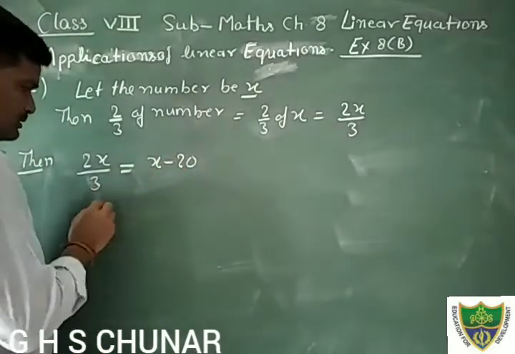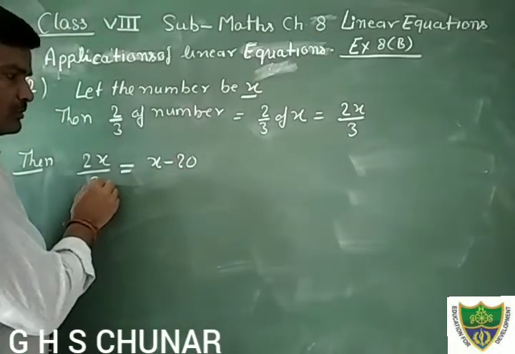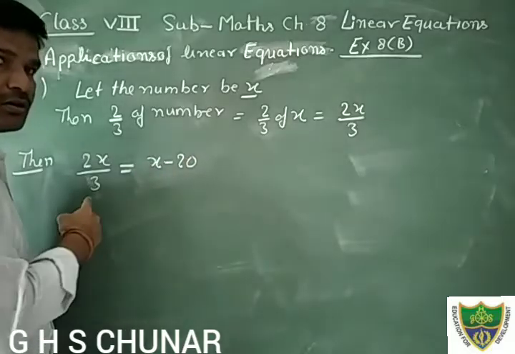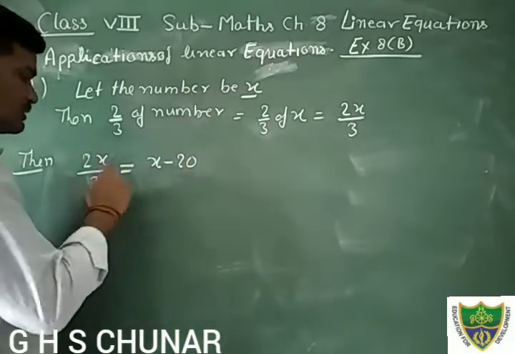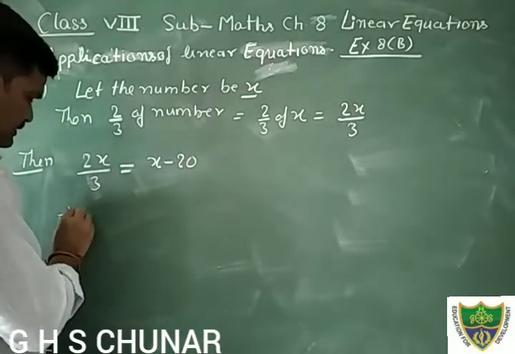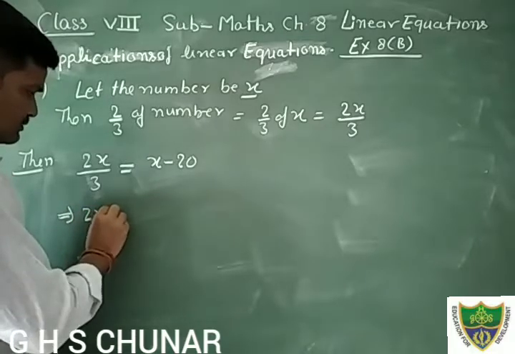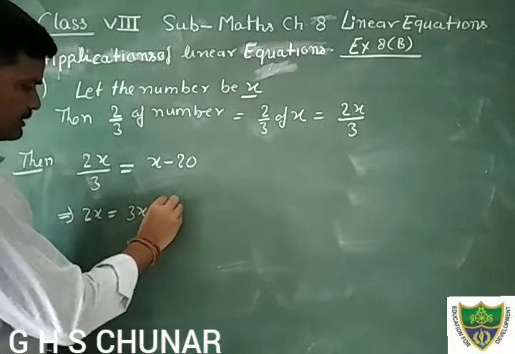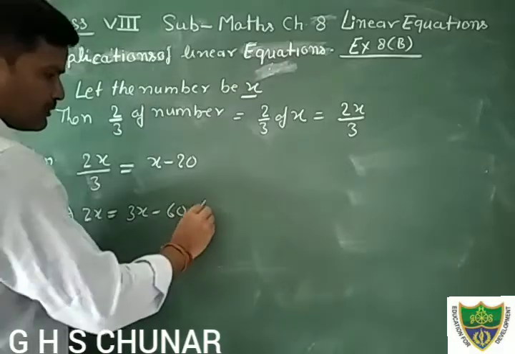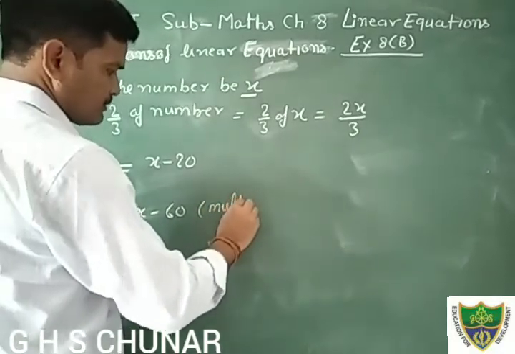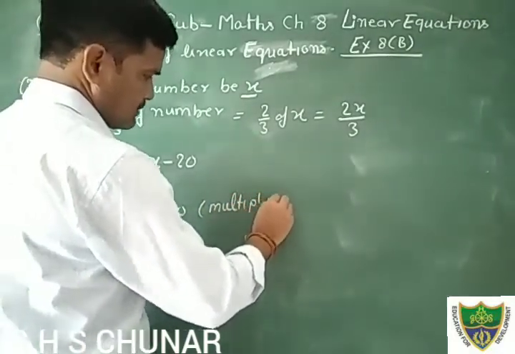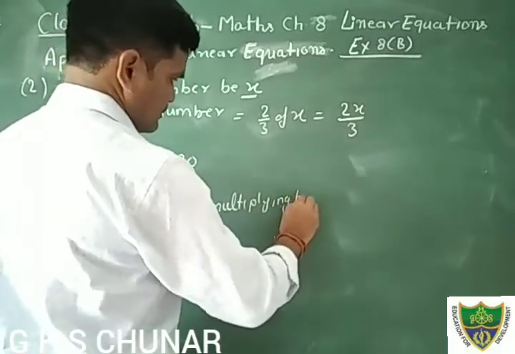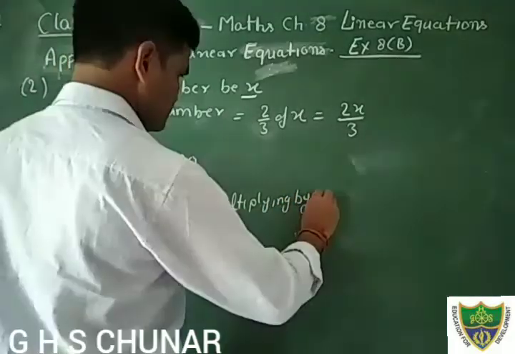When we solve it, the denominator is 3, so we multiply by 3 in all terms of the equation. This implies 2x is equal to 3x minus 60.